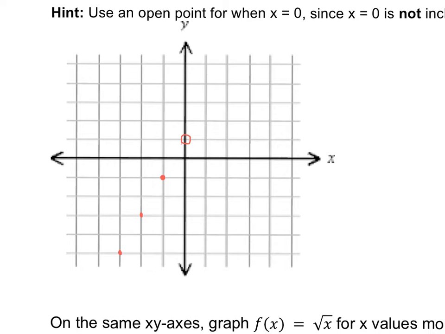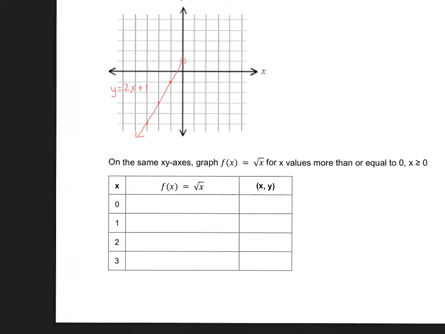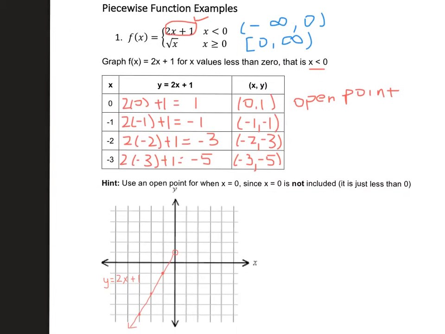All right, those can be connected, and that gives us that piece of the graph. That piece of the graph represents that linear function y equals 2x plus 1. Okay, so we basically have taken care of 2x plus 1 for x less than 0. Now we can move on to the other piece.